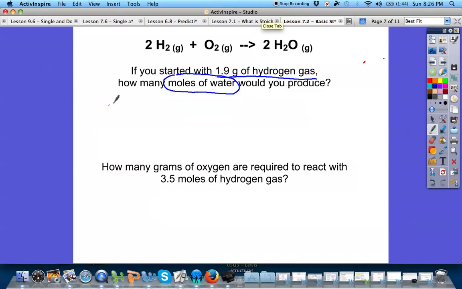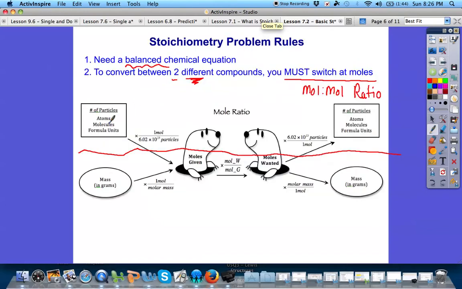So we're going to start with the 1.9 grams of hydrogen gas. And I'm going to take a look back here at our stoich map. We're given a mass, so this is where we're going to start.